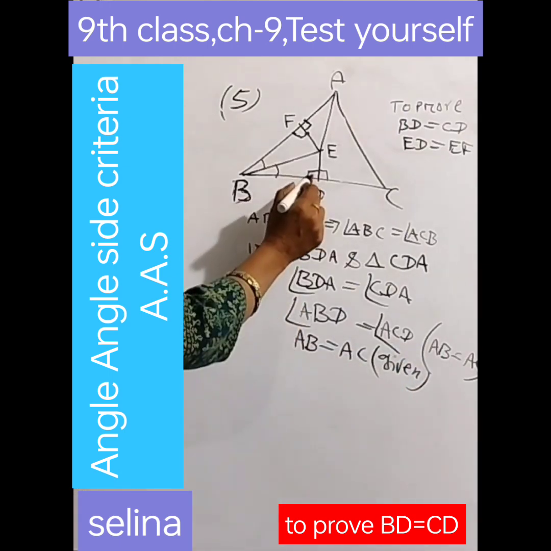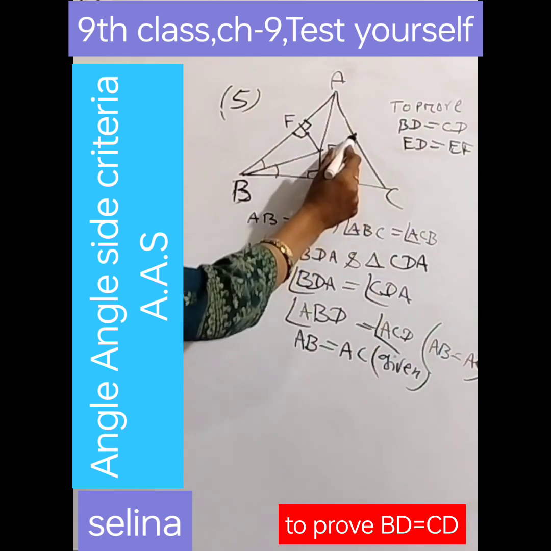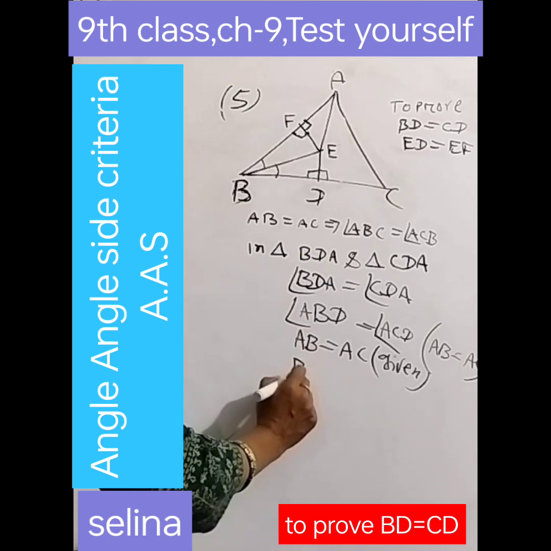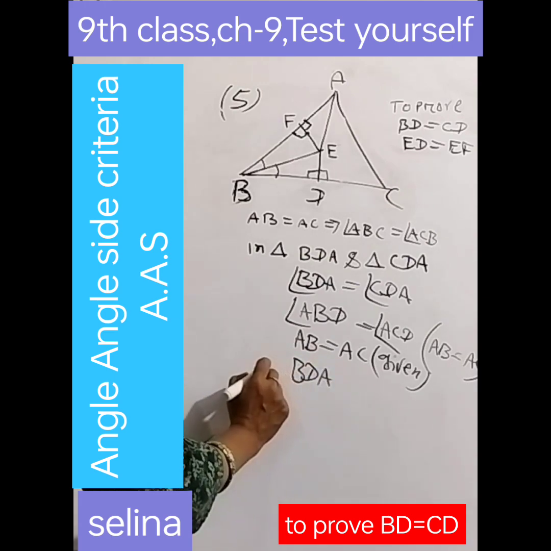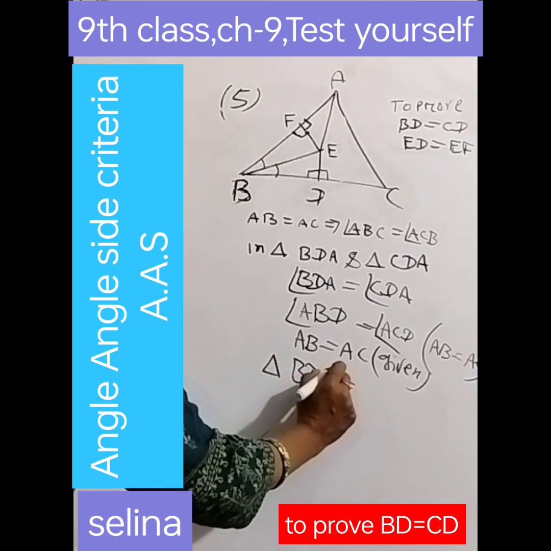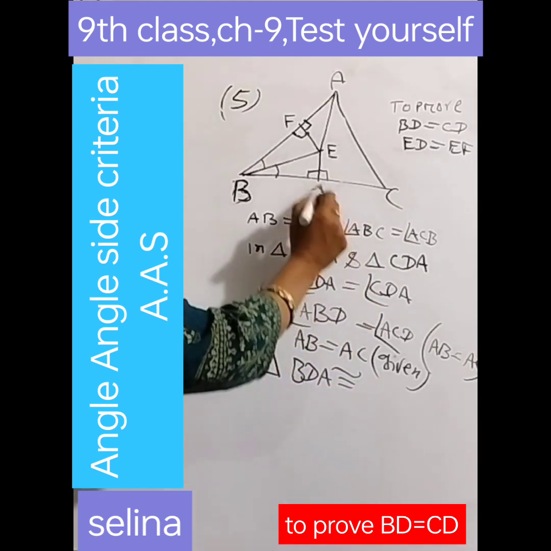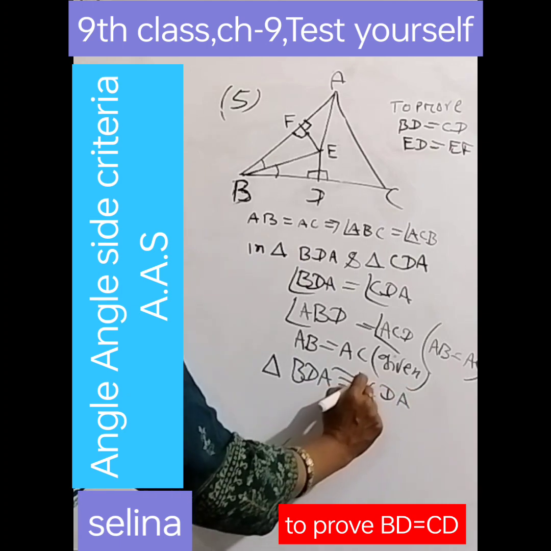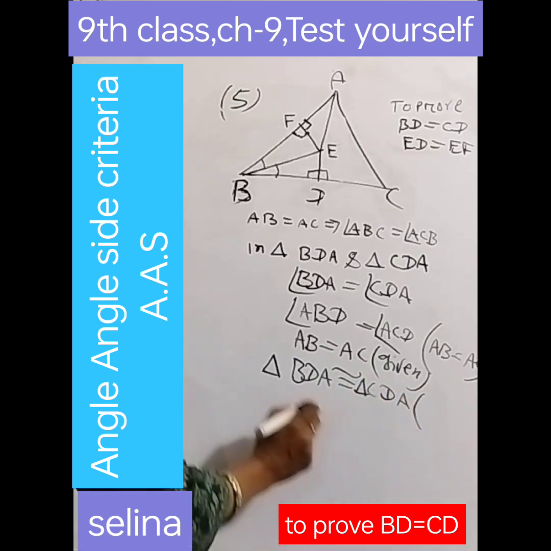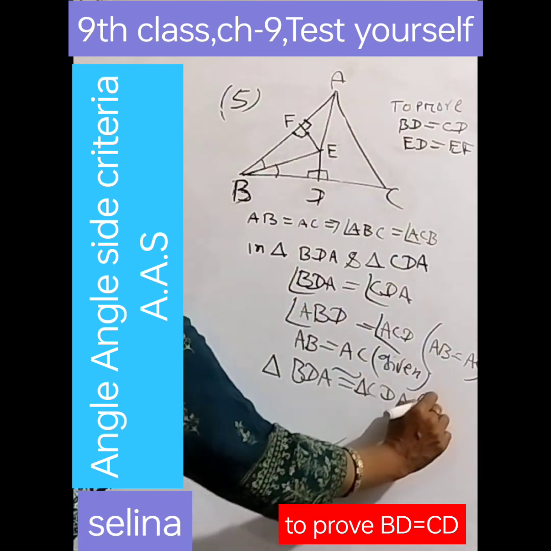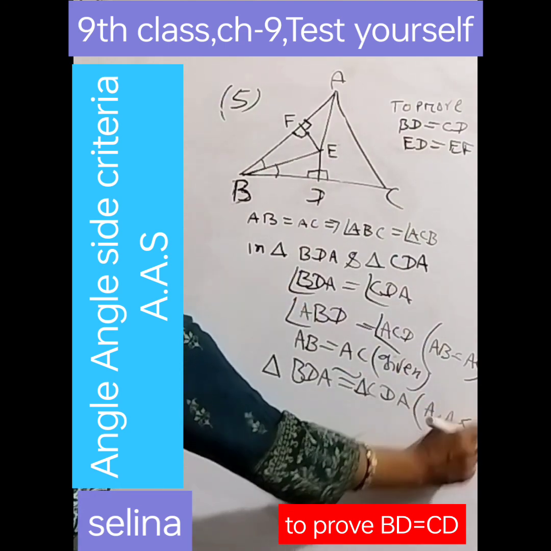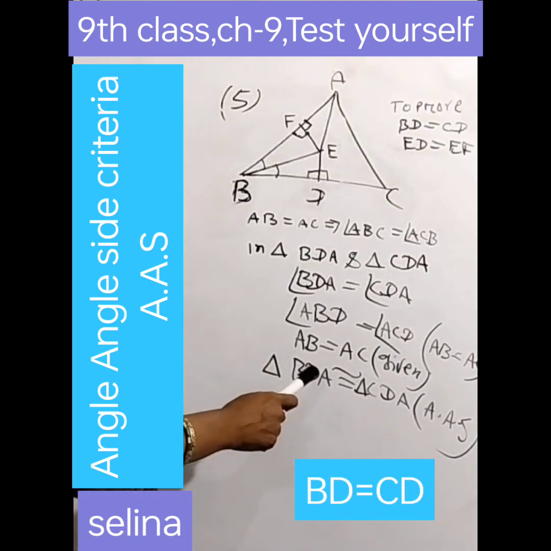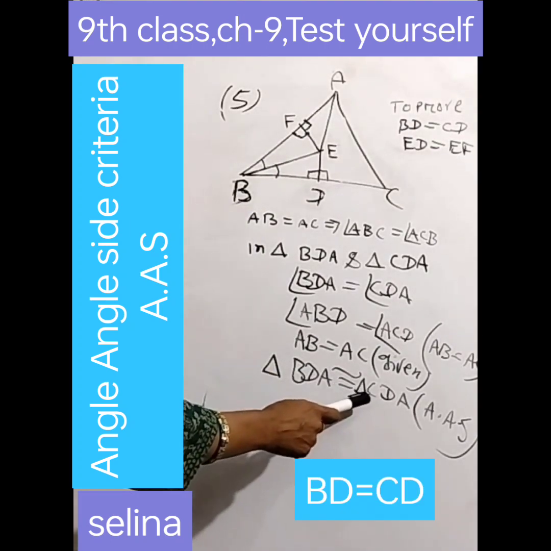So this is angle side, angle side equal. So triangle BDA is congruent to triangle CDA. This criterion is angle side.